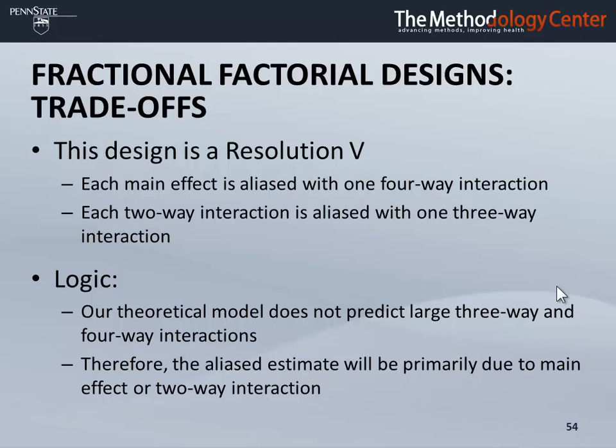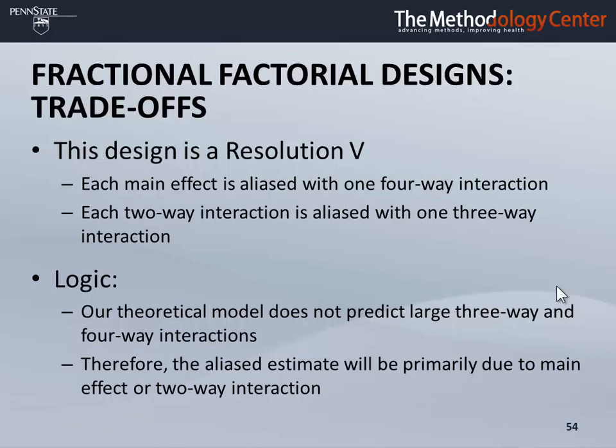So when we estimate a main effect of a component, it could be due to the main effect of the component, or in theory, it could be due, at least partially or even completely, to a 4-way interaction. But our theoretical model, and we spent a long time talking about this, does not predict large 3-way and 4-way interactions.